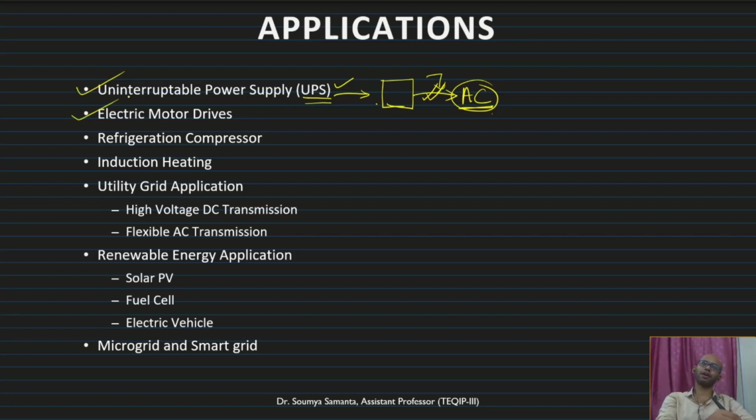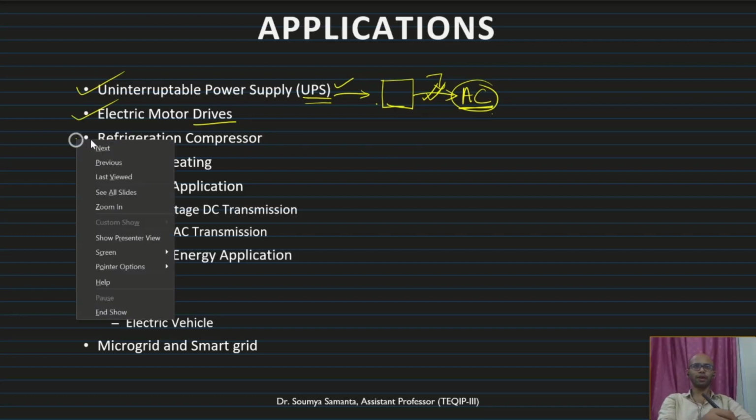Inverter is also applied in electric motor drives, particularly speed control of induction motors, or synchronous motors. In that case we use an inverter instead of the old resistor or rheostat based speed control mechanism. Nowadays we use inverter based speed control.